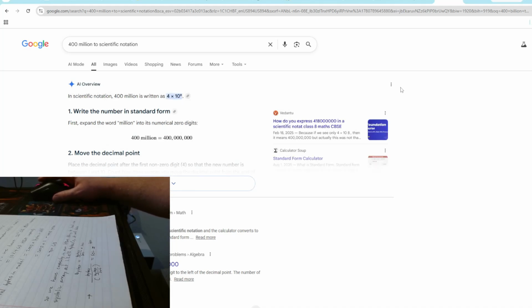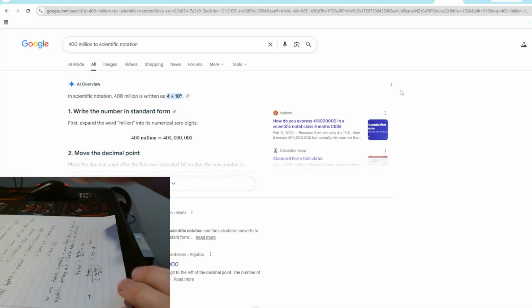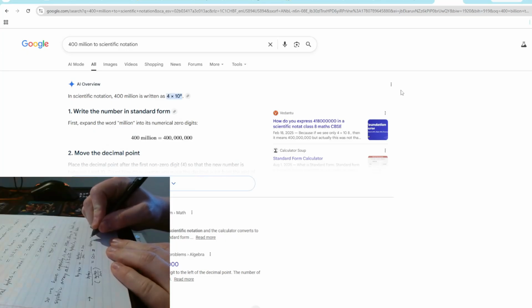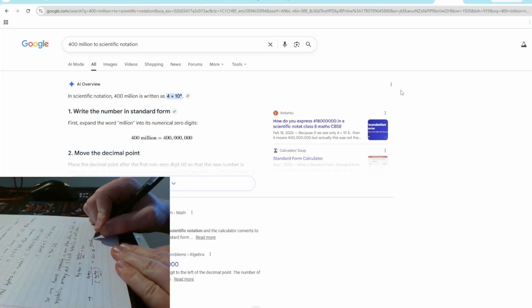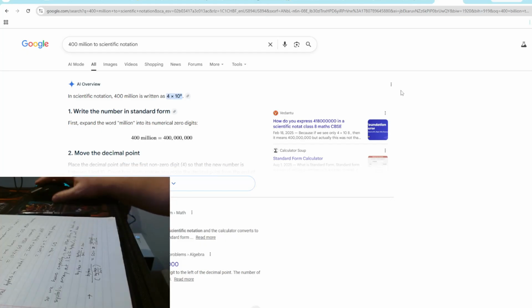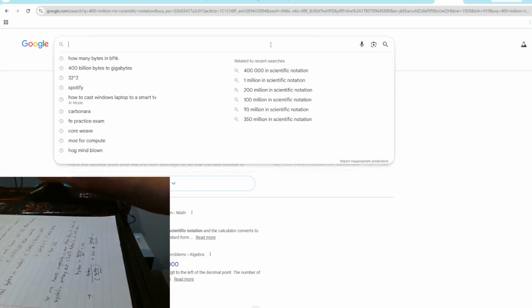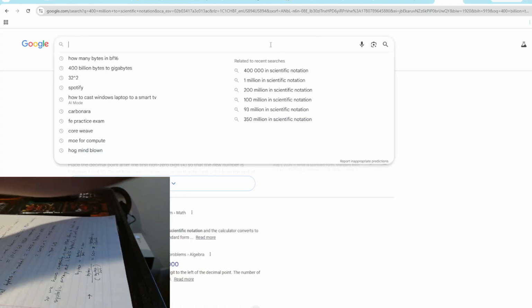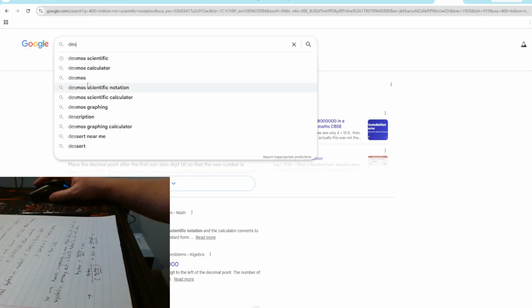It's 4 times 10 to the 8. So 4.0 E8 divided by 1.2 E12 equals, let's do, what is it called? Desmos. Desmos Scientific.